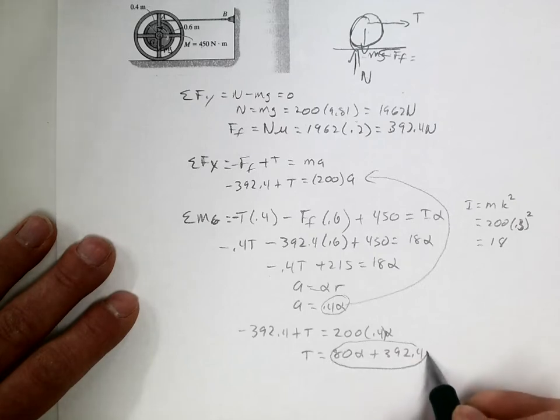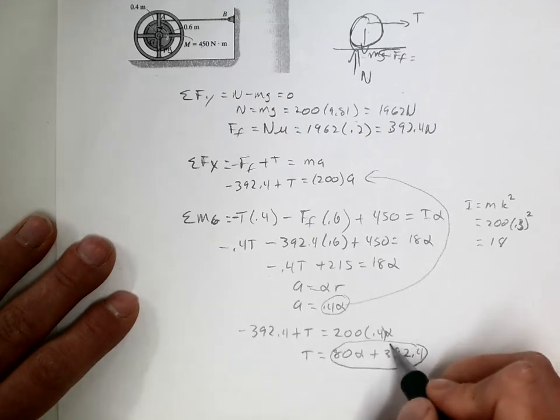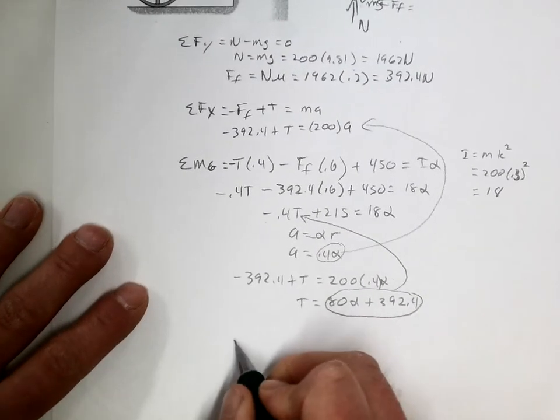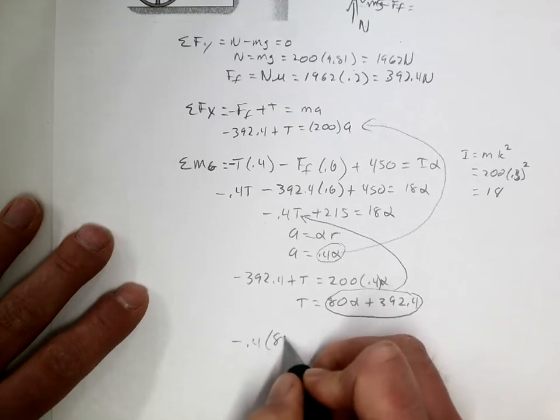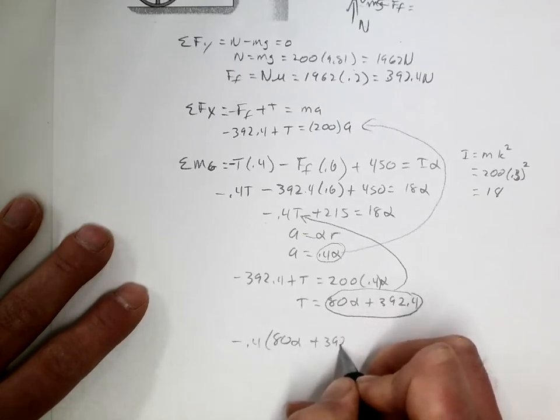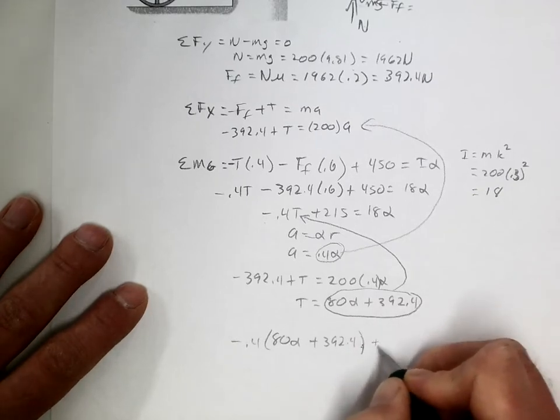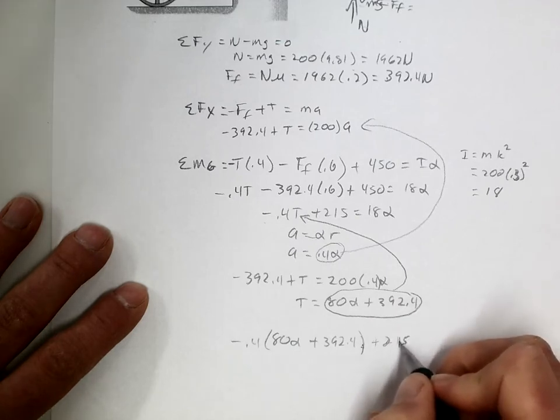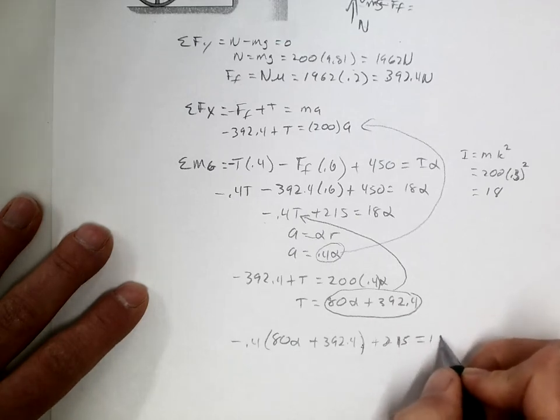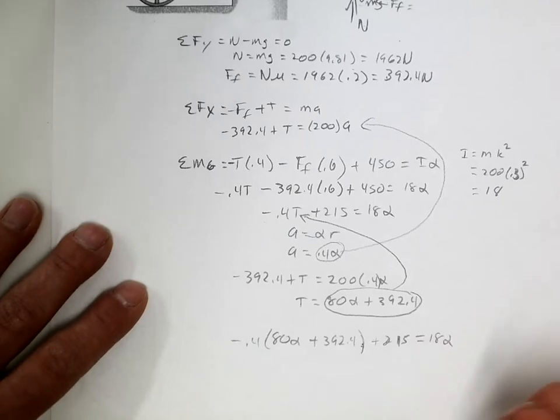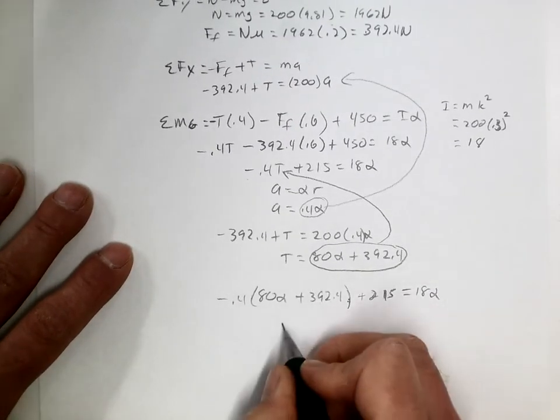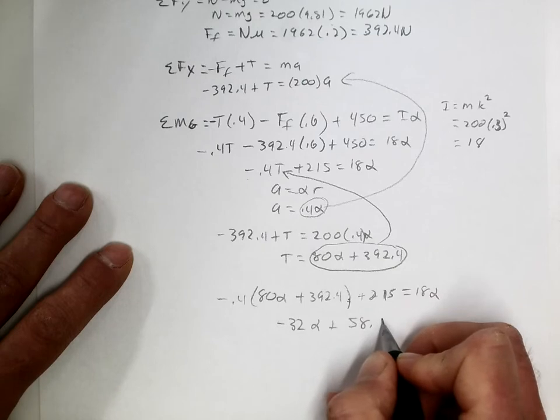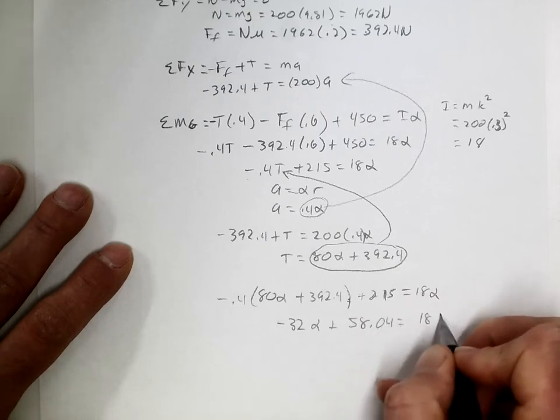Putting that into this equation for T, we get negative 0.4 times 80 alpha plus 392.4 plus 215 equals 18 alpha. Simplifying a little bit, we have negative 32 alpha plus 58.04 equals 18 alpha.